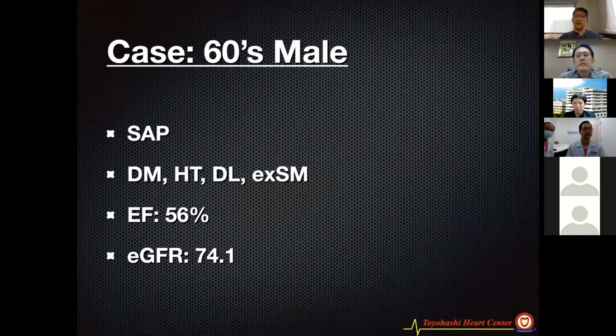I will introduce some real slipstream cases. This case is a 60s male. He has stable angina, and his risk factors are diabetes, hypertension, dyslipidemia, and ex-smoker. Ejection fraction is not so bad, and renal function is also not so bad.